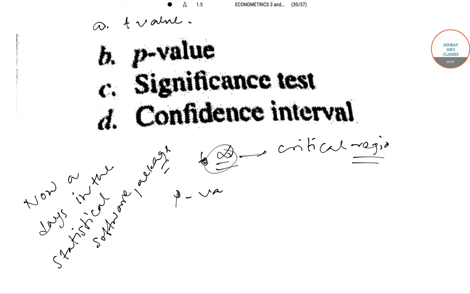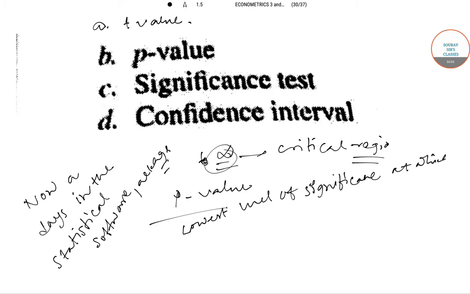So what is p-value? It is the lowest level of significance at which H naught is rejected.